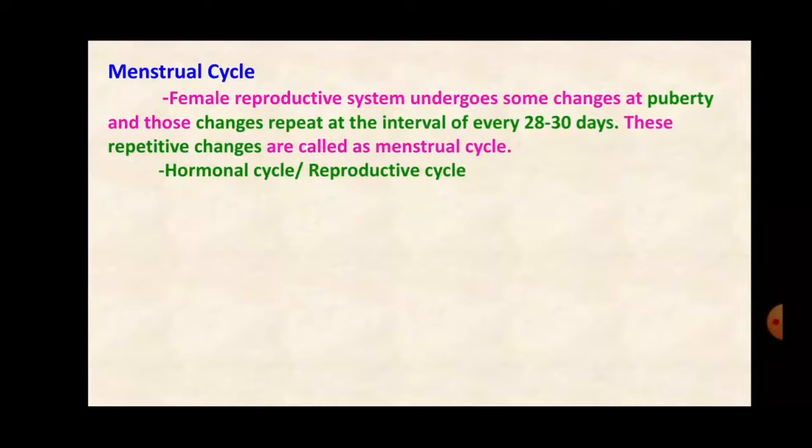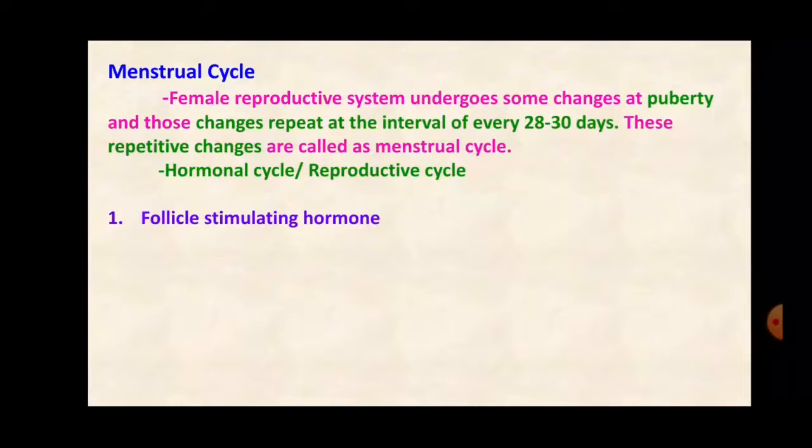This menstrual cycle is also known as the hormonal cycle or reproductive cycle. It is a hormonal cycle because it is totally controlled by 4 hormones.